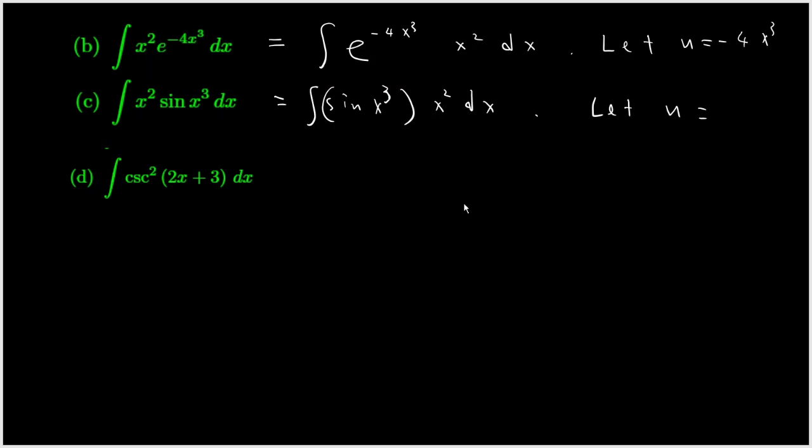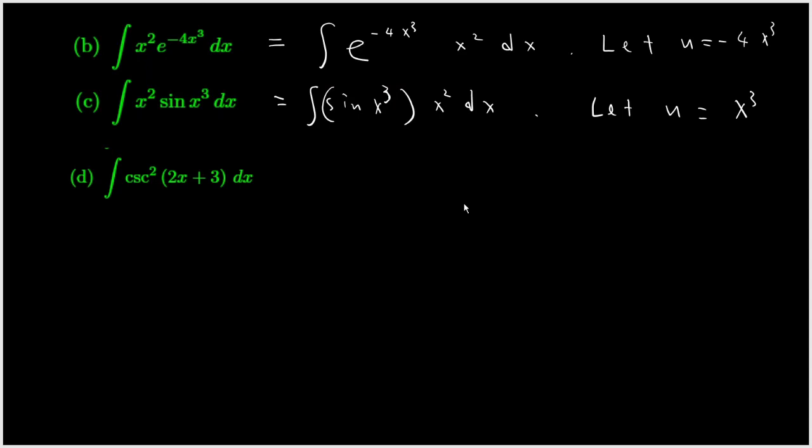Choose u so that one factor will be a function of u with an easy to compute antiderivative. The other factor is the derivative of u times a constant. I think you have seen the idea already. Question C, how do we choose u? Choose u to be x cubed.